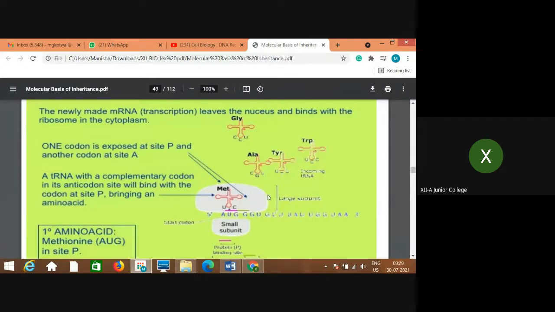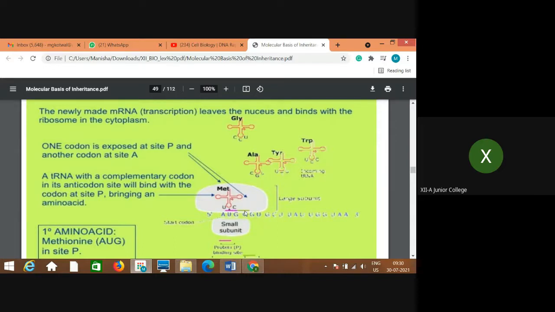Then again, the next tRNA with an anticodon loop complementary to the third codon on the mRNA will come, and the ribosome will move towards the 3' end. As and when the previous tRNA is released, the ribosome moves by one codon.